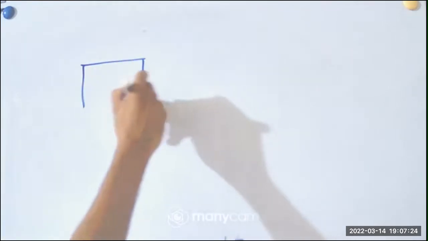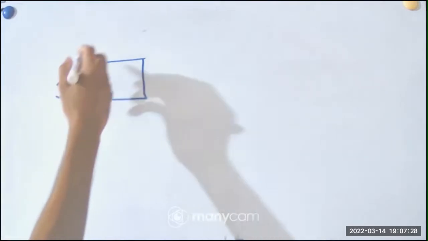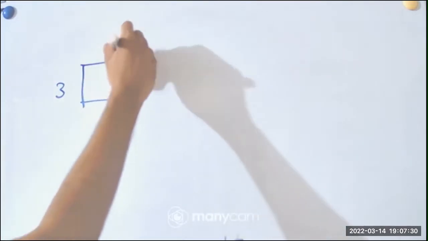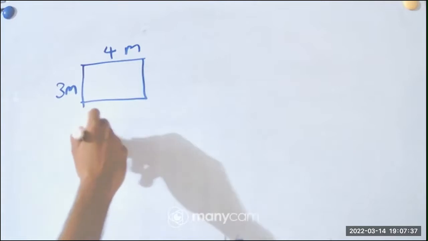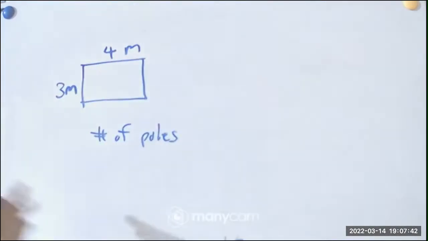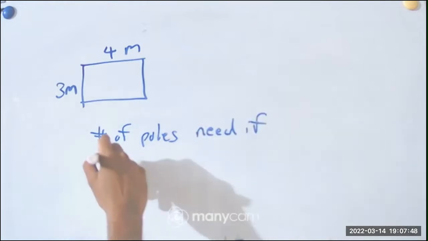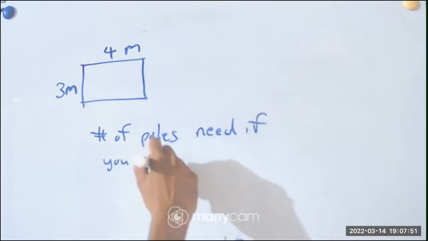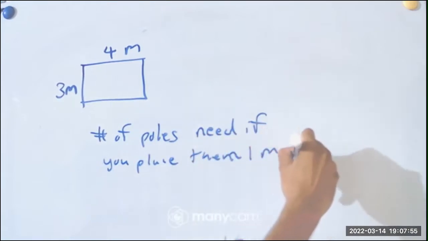So suppose we had a rectangular plot of land, right? Let's say this is 3 and this is 4 meters. So this is the rectangular plot of land. And I wanted to find the number of poles needed if you want to put a fence around this, if you place them 1 meter apart.